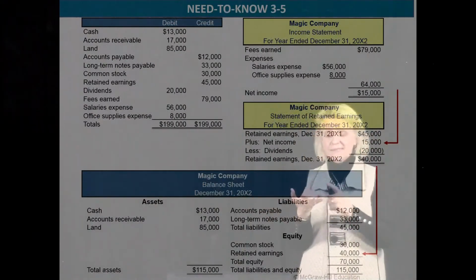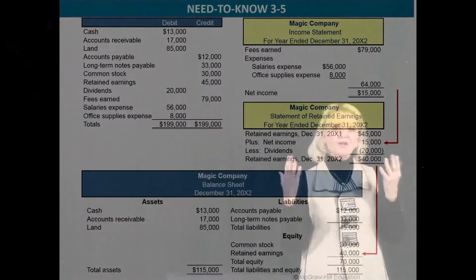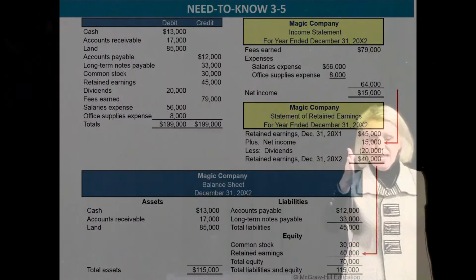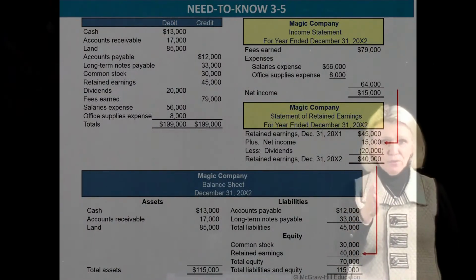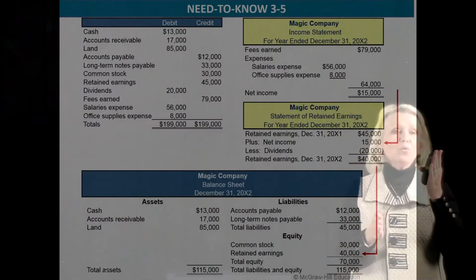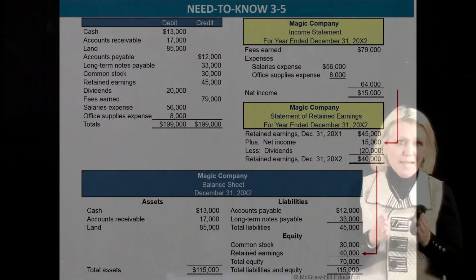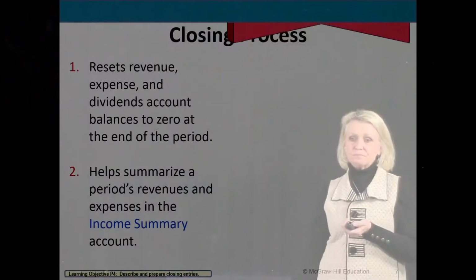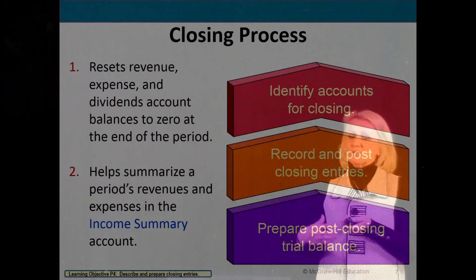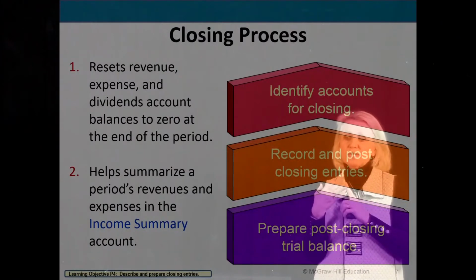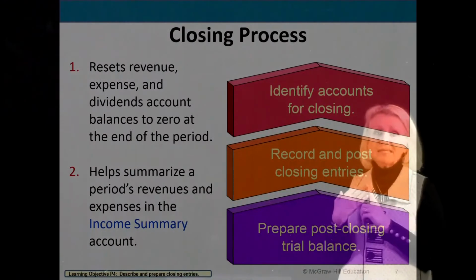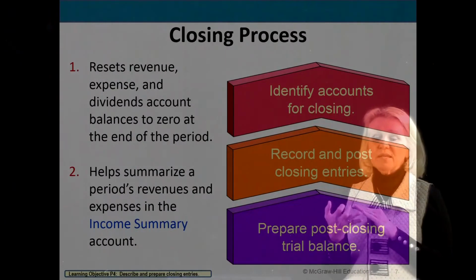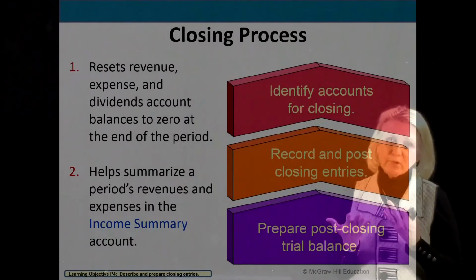Permanent accounts are asset, liability, and owner's equity accounts; they are not temporary accounts. If we have a piece of machinery that's worth $50,000 at 11:59 on December 31st, it is still worth $50,000 at 12:01 a.m. on January 1st, so we don't close those permanent accounts. Okay, so the closing process resets revenue, expenses, and dividend accounts to zero at the end of each period, and it summarizes the period's revenues and expenses into an income summary account.